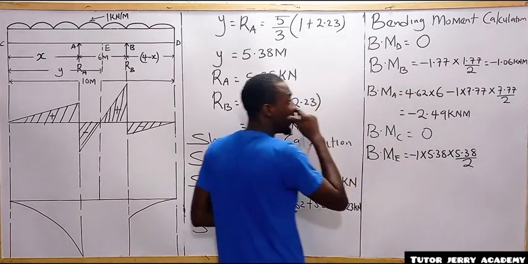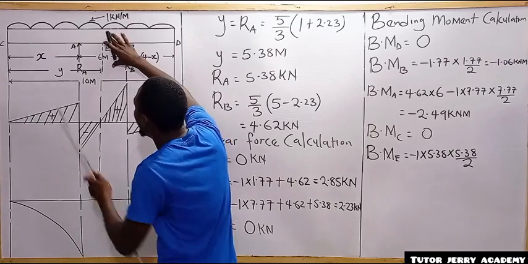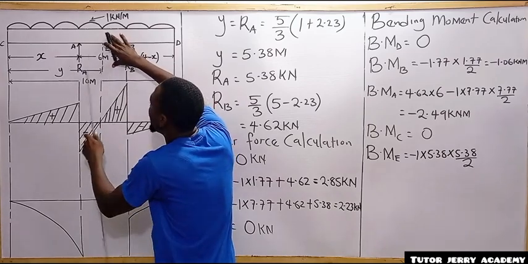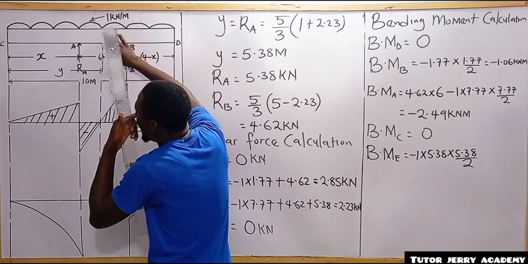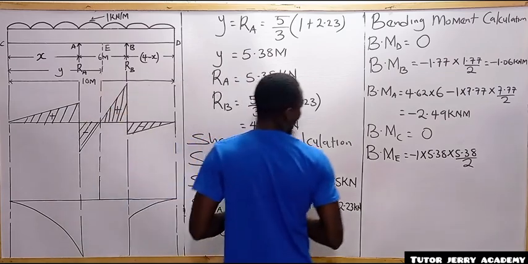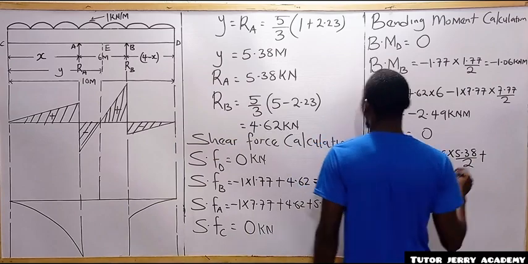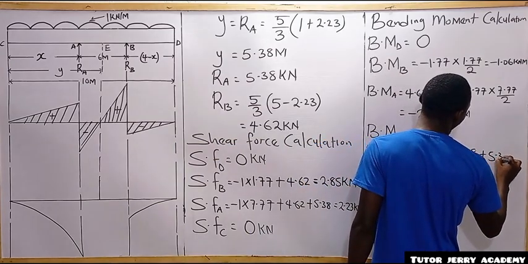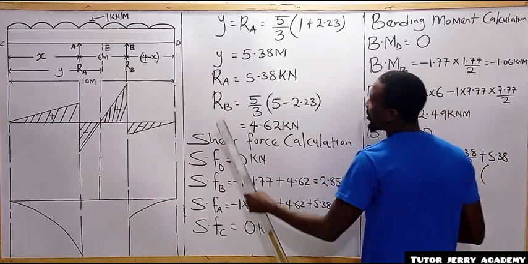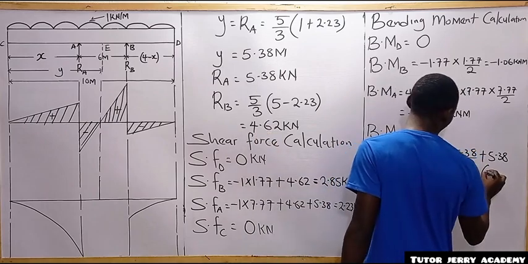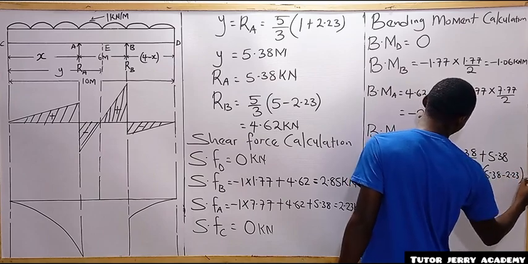Again, we are going to have this reaction at A towards this side. Don't forget, we said the distance from this point to this point is y minus s. So it's going to be plus R_A, an upward force, times y minus s. R_A is 5.38, then times y minus s, where y is 5.38 minus s, which is 2.23.